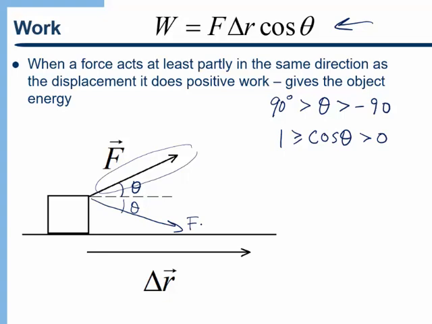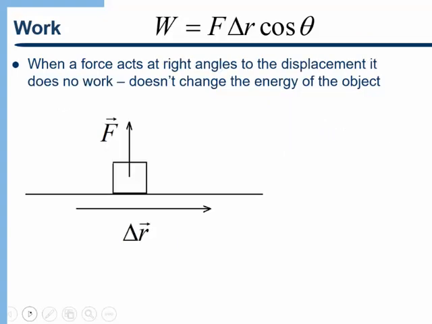And again, what does that mean? It means that that force exerted through a displacement is giving the object energy. The object ends up with more energy than it started with. Now, what happens if theta is 90 or negative 90? Well, in that case, we know that the cosine of theta is 0.